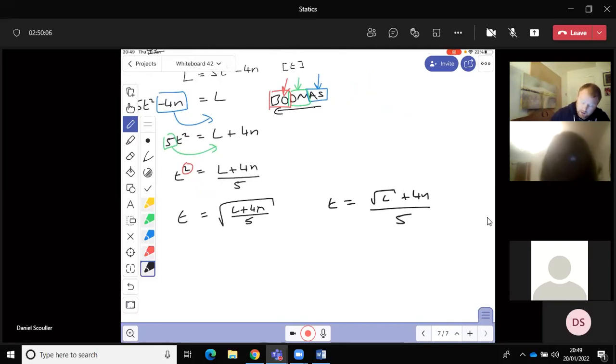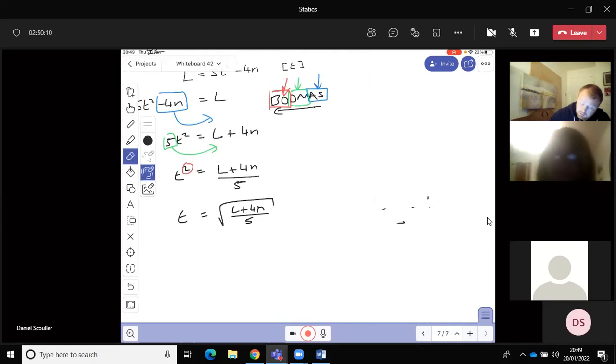Don't do that, but be very cautious about how long this root is, like the divide we were talking about earlier. Make sure it covers that whole expression.